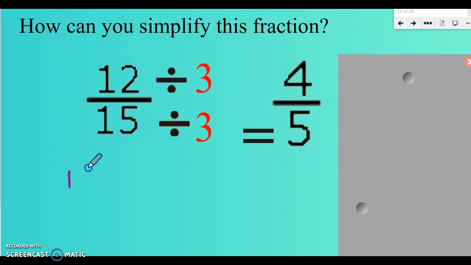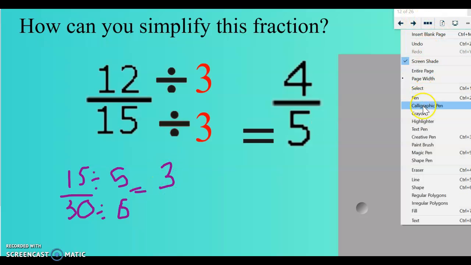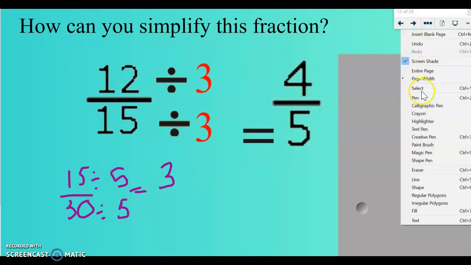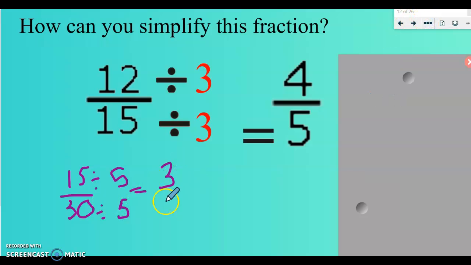If you don't have the greatest common factor, then you might have to keep dividing. For example, let's do 15 over 30. Let's say we divide by 5 here, because that is a common factor between 15 and 30. So that's 3 on top, and 30 divided by 5 is 6, so that's 3 over 6.